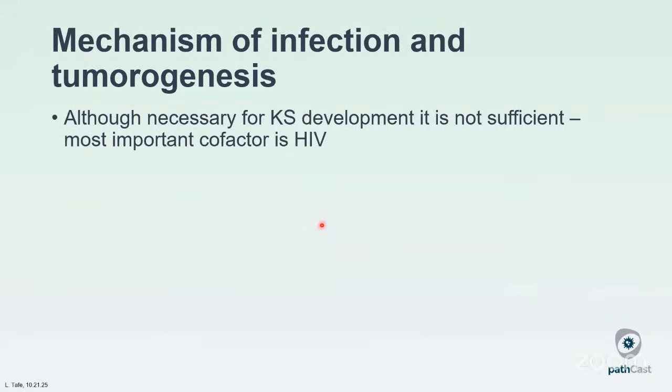The mechanism of infection is a little bit interesting in that although it seems to be necessary for KS development, it is not sufficient by itself. It really does seem to need a cofactor, and the most common we see is HIV. So it's thought that there needs to be some other instigator of immunosuppression in order to allow this virus to become pathogenic and drive a tumorigenesis pathway.